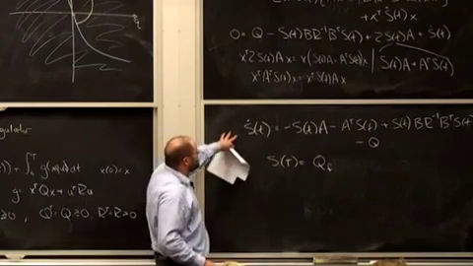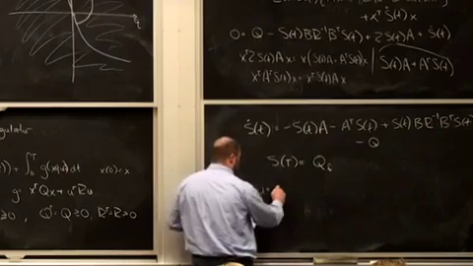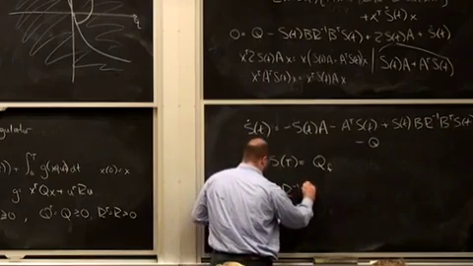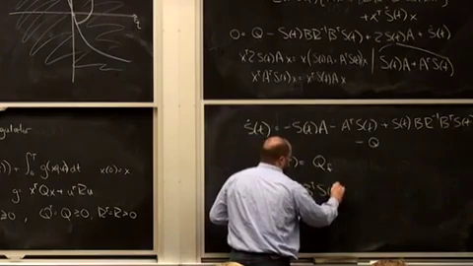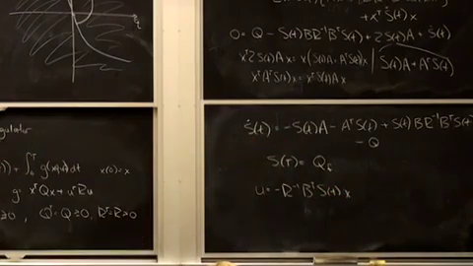And once I have S, remember we said that the U was just negative R inverse B transpose S of T X. So I've got everything. Once I have S, I have everything.